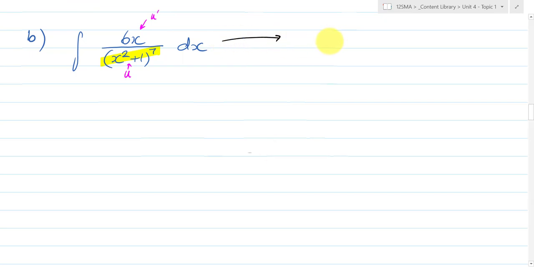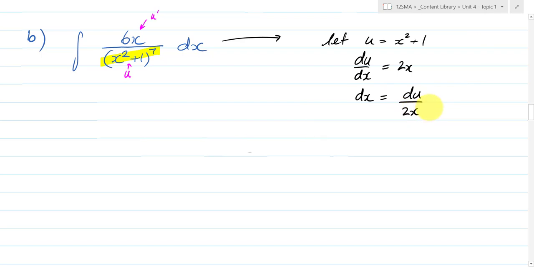So I'm going to start by saying let u equal the inside function, x² + 1, of the major function, (x² + 1) to the power of 7. And then du/dx is just equal to 2x, which means that dx is equal to du over 2x. That's a rearrangement in one step. And I'm going to bring that back to here.